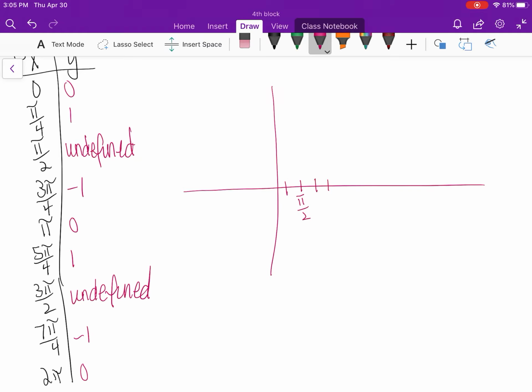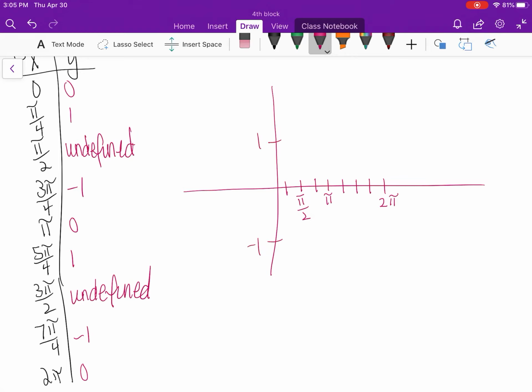Okay, make a graph again. And then I'm going to go and graph my points.